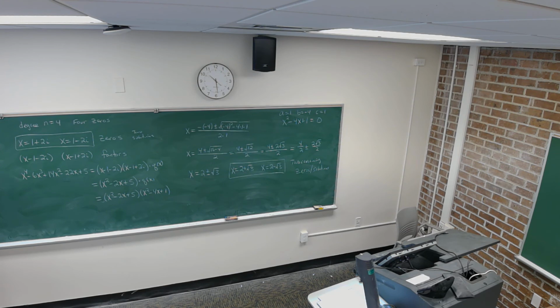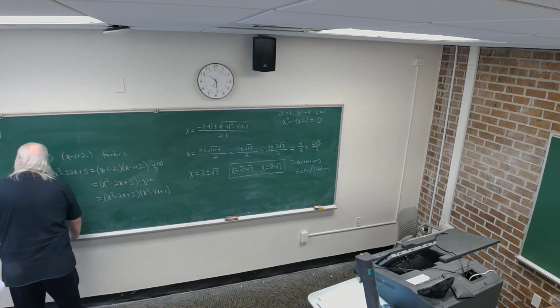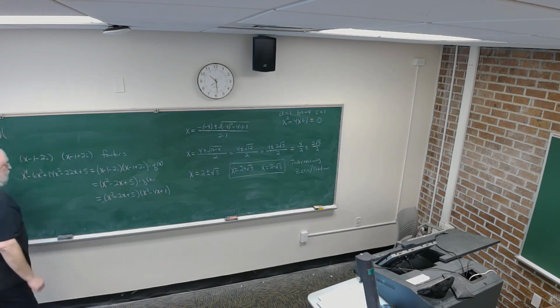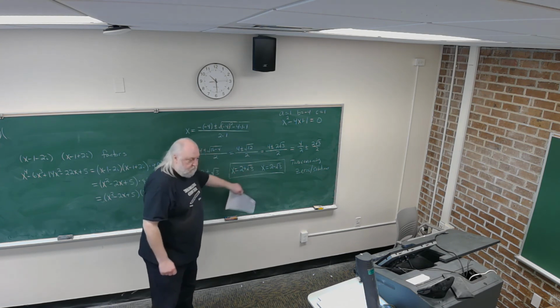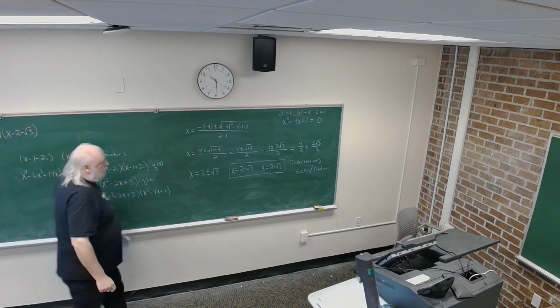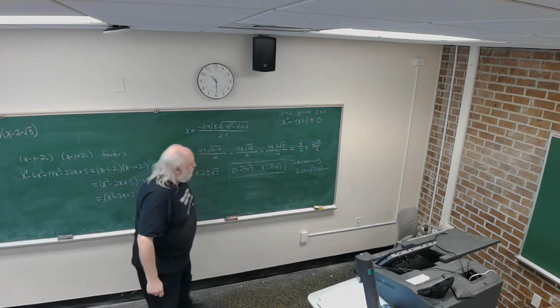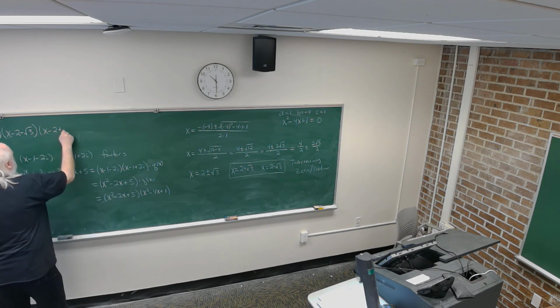We have x minus 1 minus 2i times x minus 1 plus 2i. Those are the first two factors. And then the second two factors have the irrational numbers. So you do the same thing, right? You've got to subtract 2 and root 3 from x. We have x minus 2 minus root 3. And then over here, we've got to subtract 2 and add root 3. We have x minus 2 plus root 3.